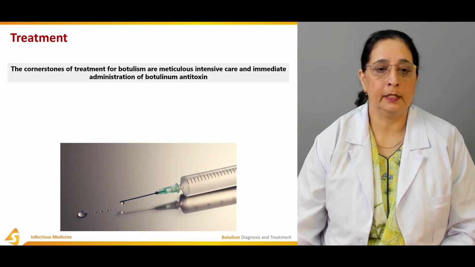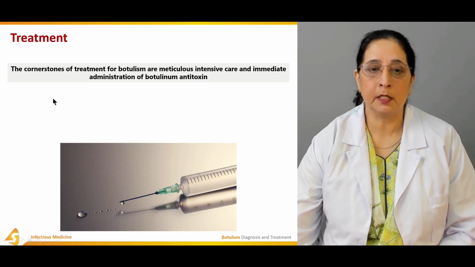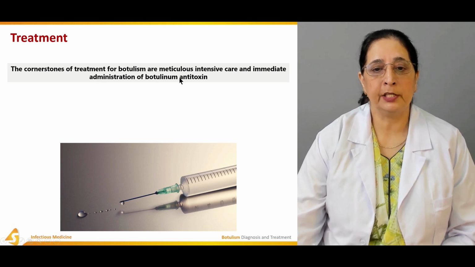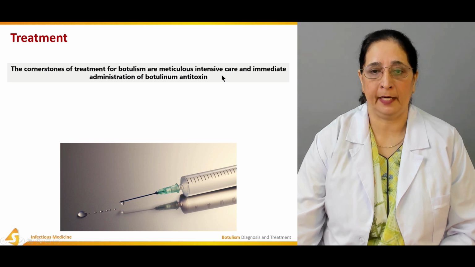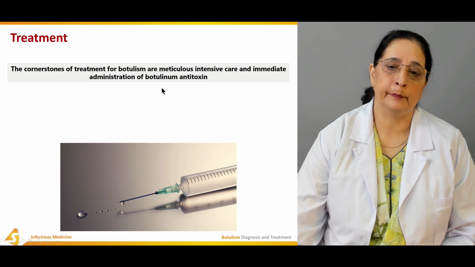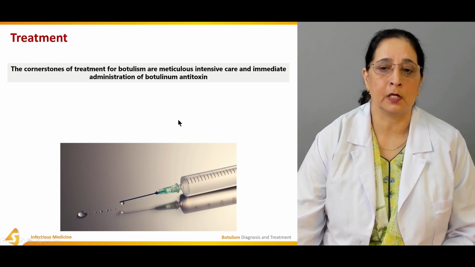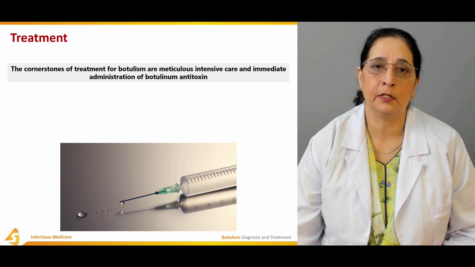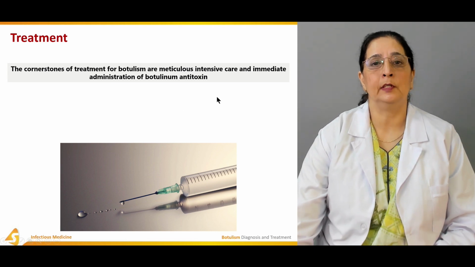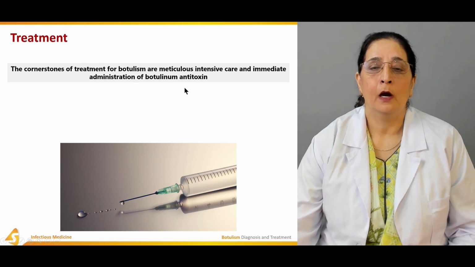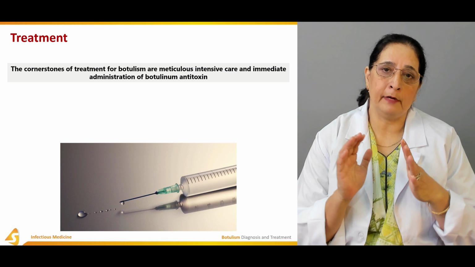Treatment now for botulism. The cornerstone of treatment for botulism is meticulous intensive care and immediate administration of botulinum antitoxin. So the cornerstone of the treatment for botulism is the administration of botulinum antitoxin.